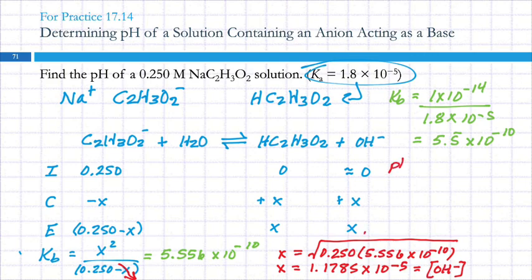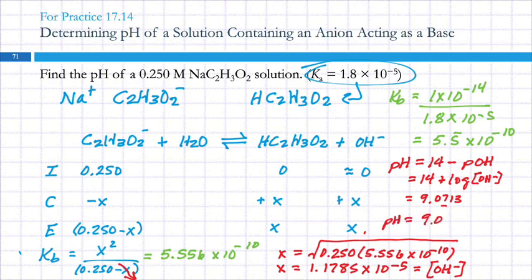So pH is going to be equal to 14 minus pOH, which is equal to 14 plus the log of our hydroxide ion concentration. And I'm getting 9.0713. Probably 2 sig figs based on the Ka value. So pH is 9.07.